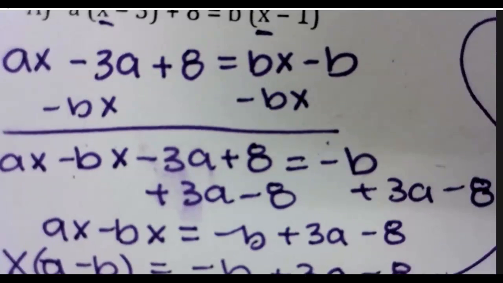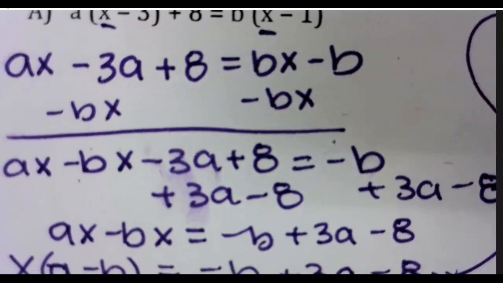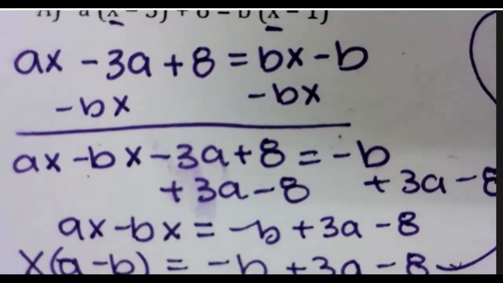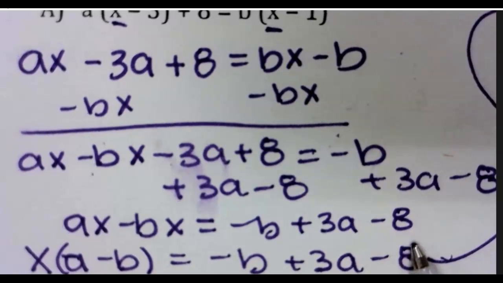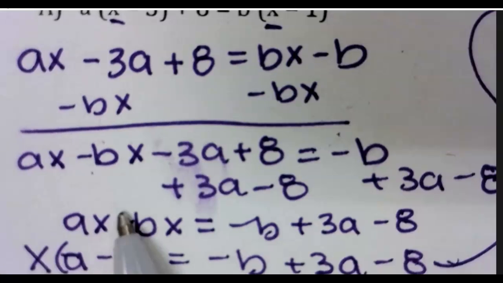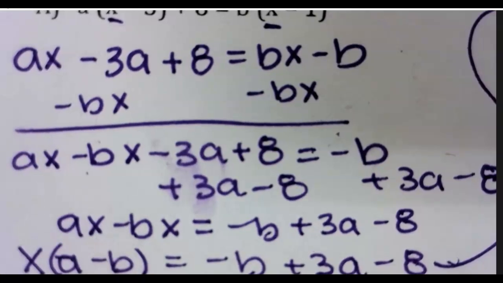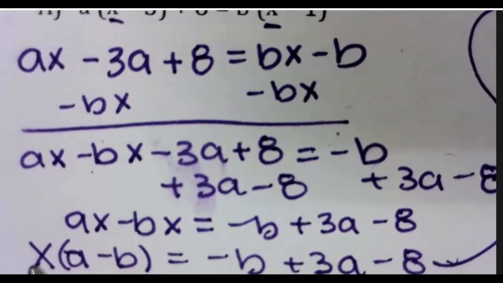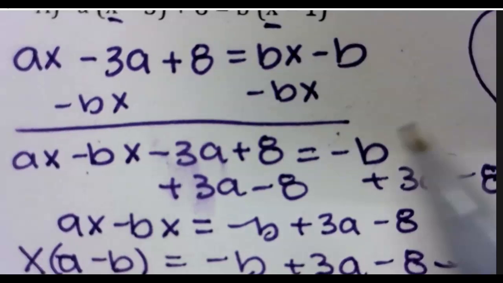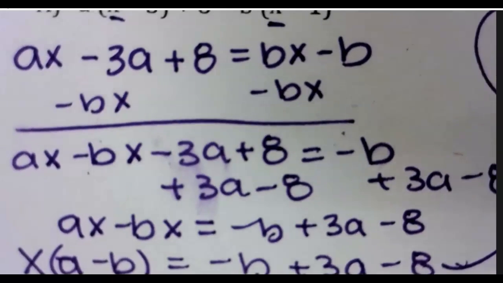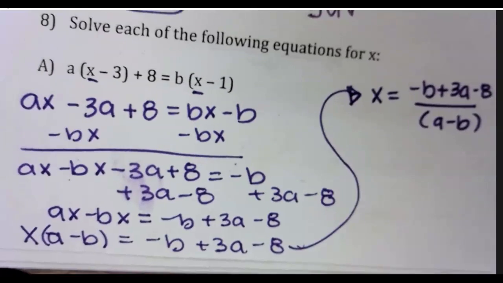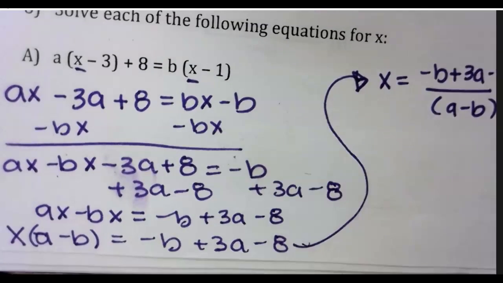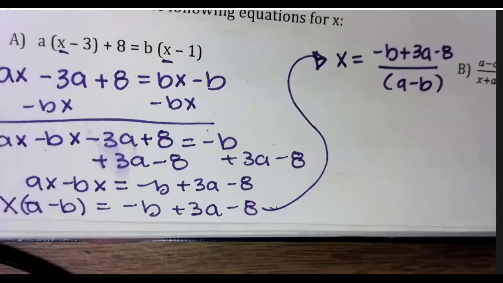So that gives me ax minus bx equals negative b plus 3a minus 8. Putting all the x's on one side gives you a GCF, which allows you to solve for x. Oftentimes I see on this problem, people trying to leave me an x on the left and an x on the right.